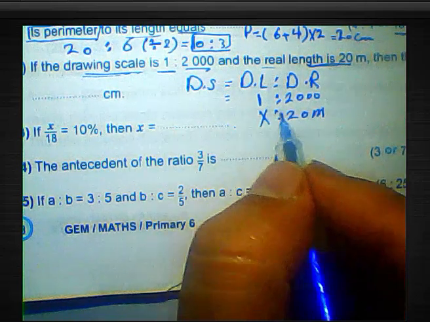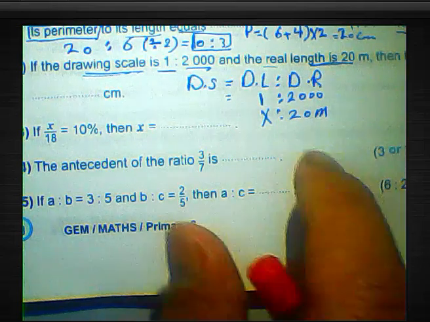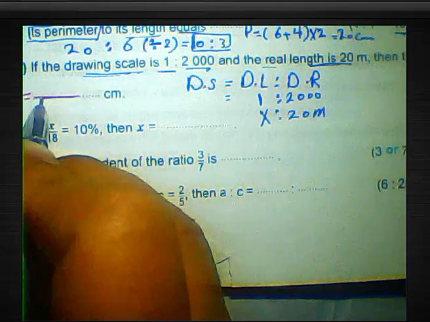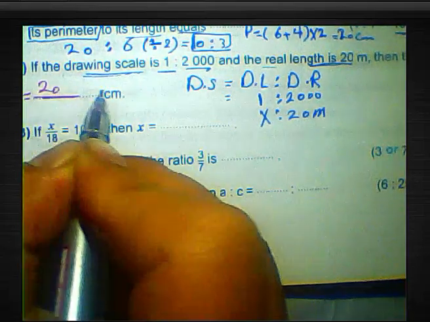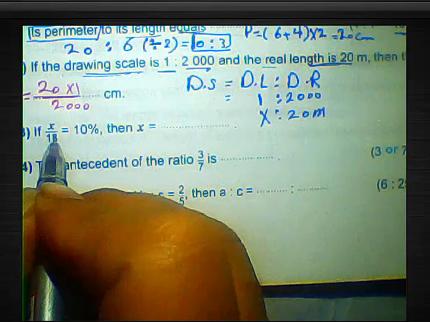We can find the result by multiplying 20 meters by 1 over 2000. X equals 20 multiplied by 1 over 2000.